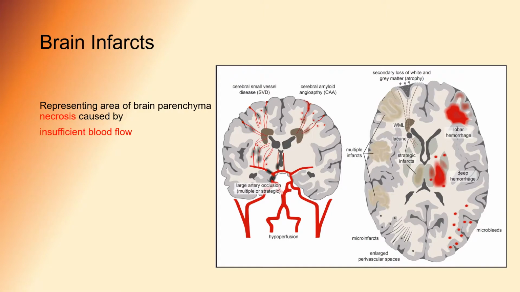In other words, the blood vessel is blocked or clogged, so the blood cannot flow through the vessel, and because there is no blood there, nutrition and oxygen are insufficient or vacant. So that is caused by insufficient blood flow. Since there's no nutrition, the neural cells would die very quickly.